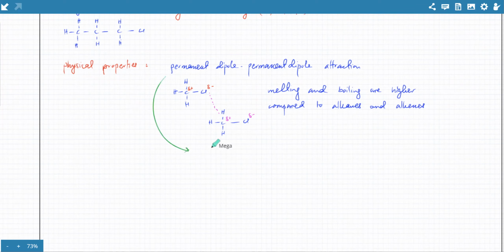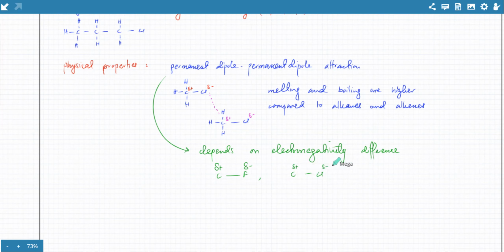depends on many things. It depends on electronegativity difference, because not all halogenoalkanes are equally polar. For example, the C-F bond is going to be highly polar. So the partial positive charge and the partial negative charge are going to be very, very strong. But on the other hand, a C-Cl bond would have relatively weaker dipoles. And if you compare it with a C-I bond, then the dipoles would be even weaker.